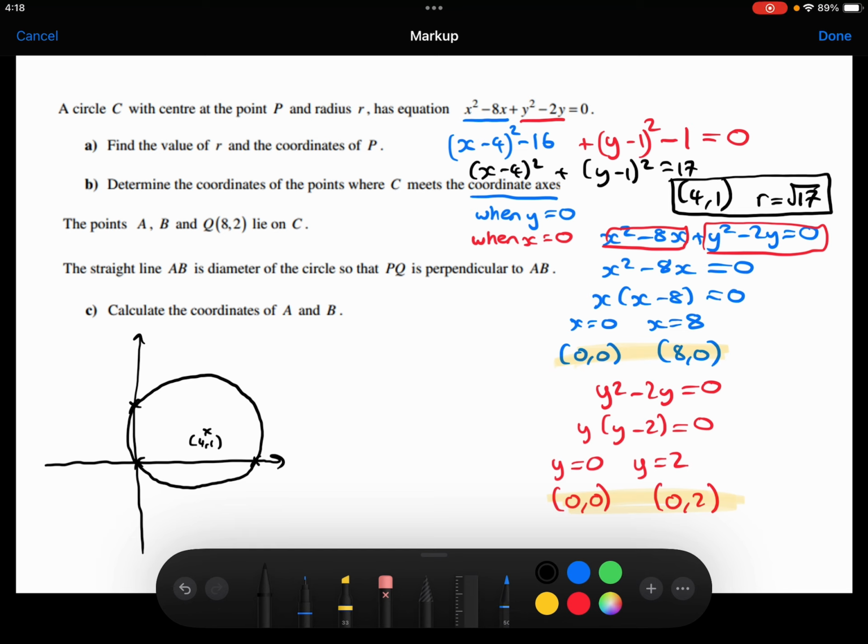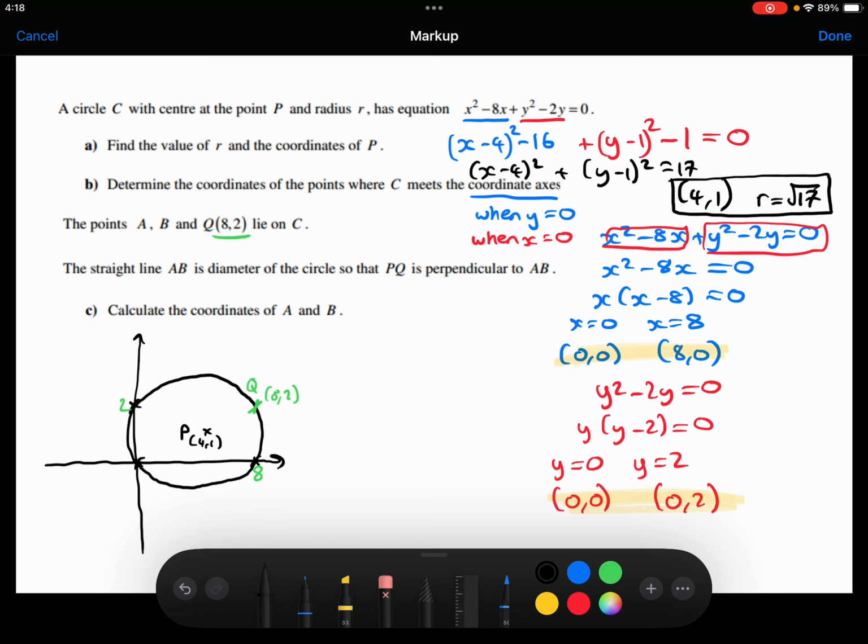We're told that the point Q, which is (8, 2), is lying on the circle, so that's going to be here. So that's point Q.